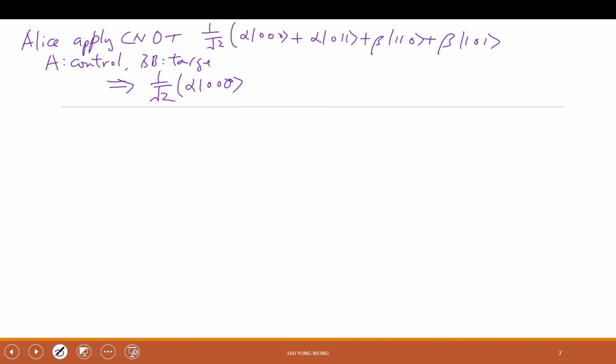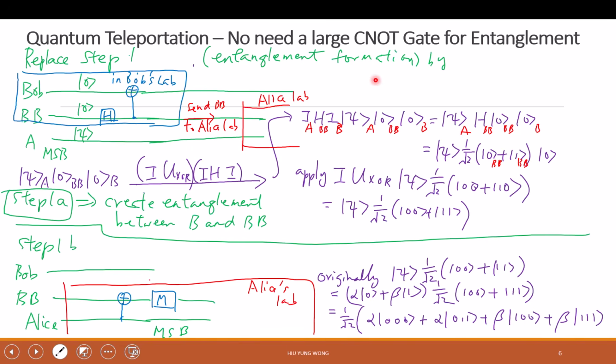Okay? How about the second term? 011. What happened? Also nothing because the control qubit is 0, right? How about 110? Becomes what? Someone says 101, someone says 100.